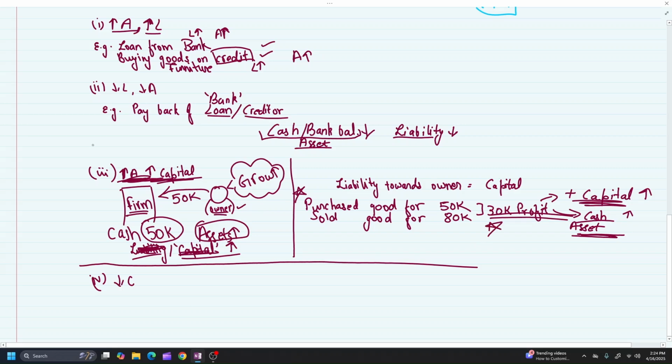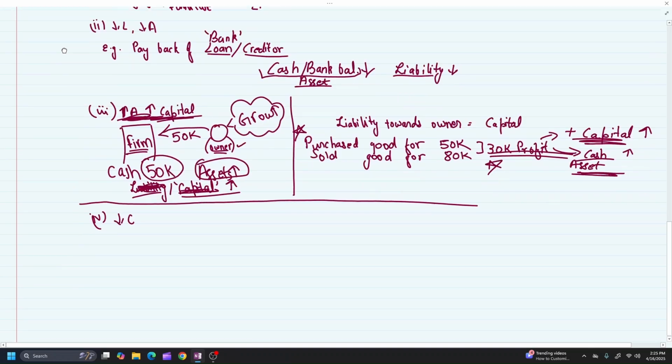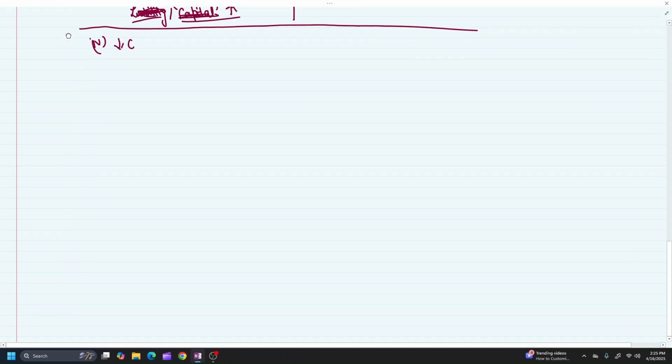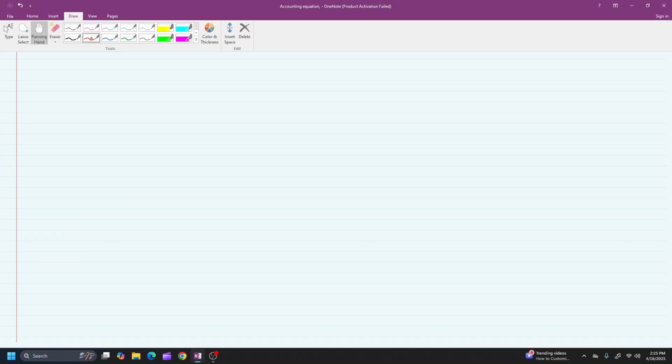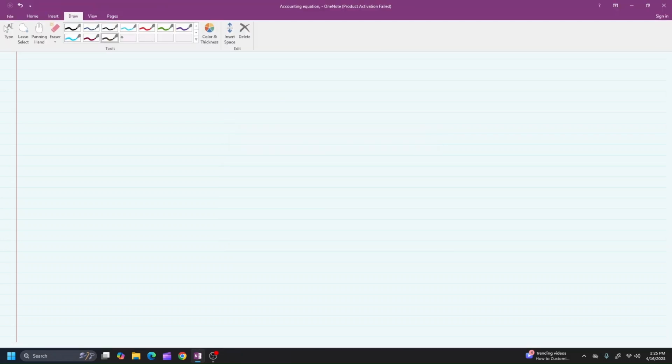Okay? Now coming to the fourth point. Now decrease in capital and decrease in asset.